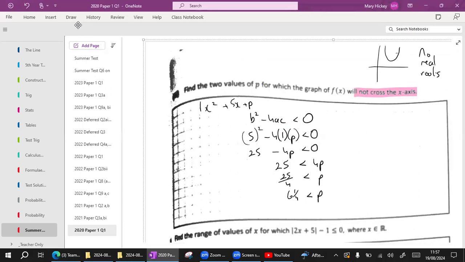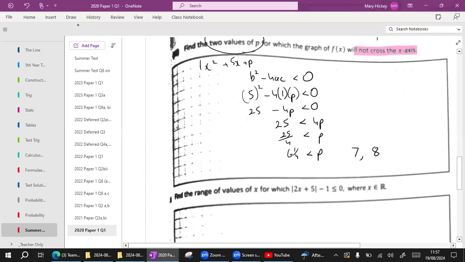One option is that it's 7, and the other option is that it's 8, because we're told you're allowed to have p up as far as and including 8. So the two values of p for which the graph does not cross the x-axis are 7 or 8.